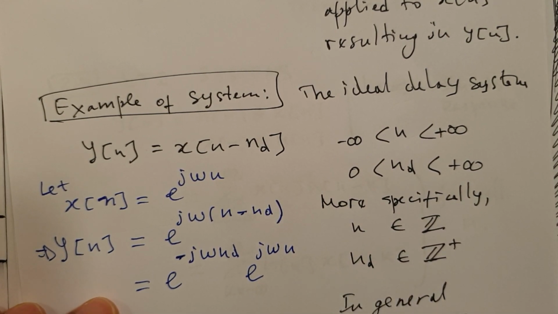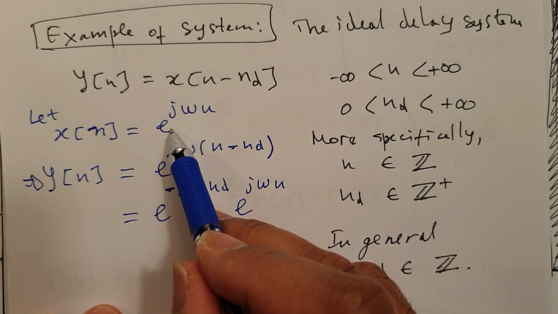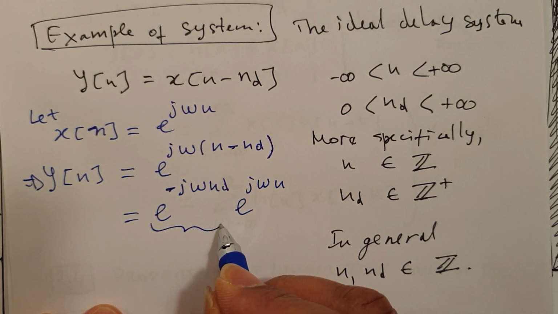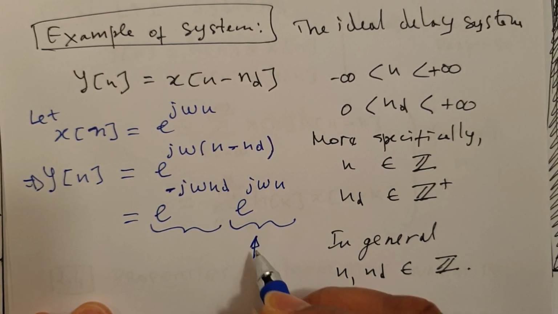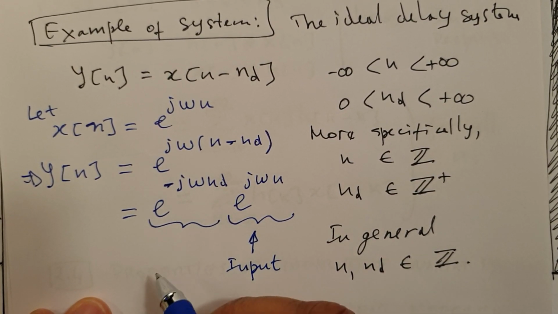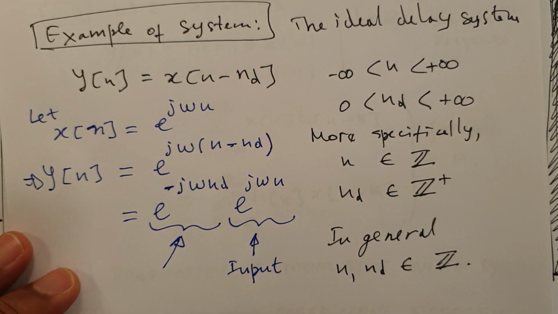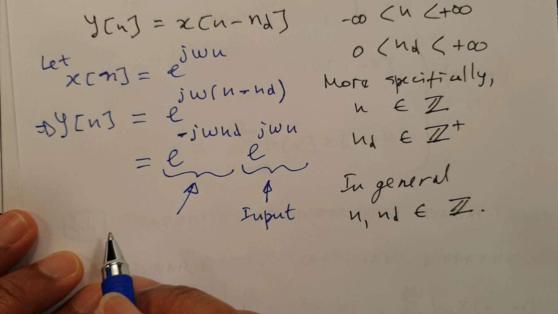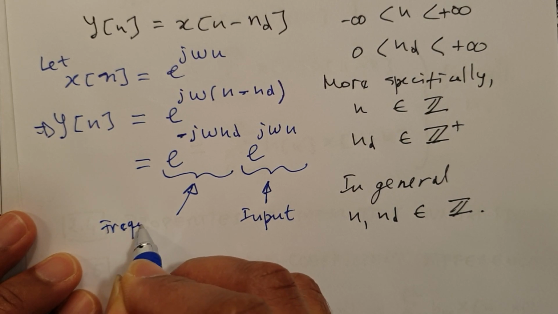And here we note a very interesting thing: when we use this complex exponential as an input, we can factor it into two parts, where I can see clearly that this was my original input, and this part here, which we will analyze later on, is the frequency response of the system. We will discuss this later on.